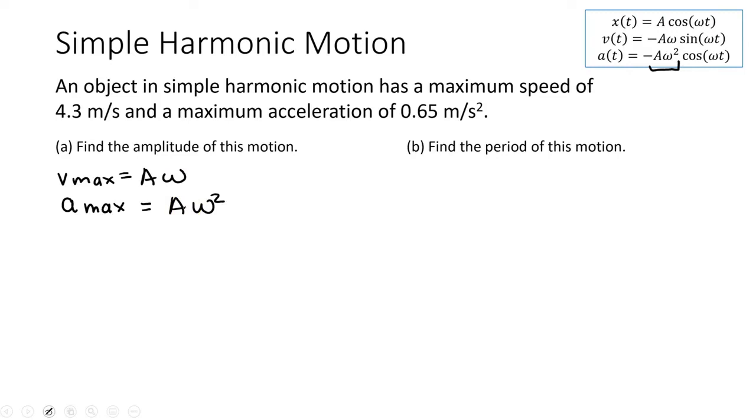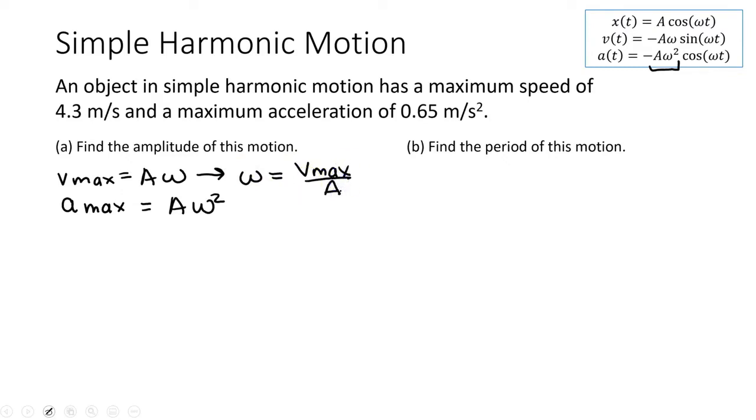So we have two equations and two unknowns, so that's great. We can plug one in for the other and solve for one of our unknowns. Here I want to solve for A, which means I want to get rid of omega in one of my two equations. So let's rearrange this equation for omega. I would get omega is equal to v max divided by A.